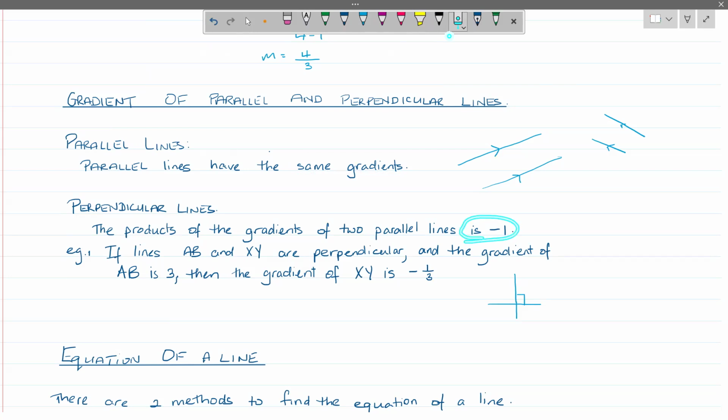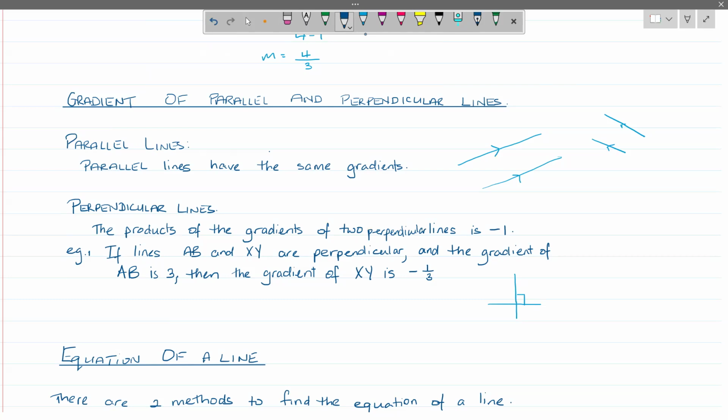Now, in order to better understand this, two perpendicular lines. Right, the product of the gradients of two perpendicular lines is -1.